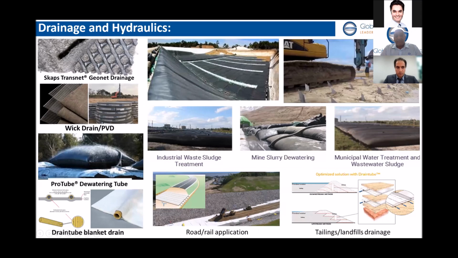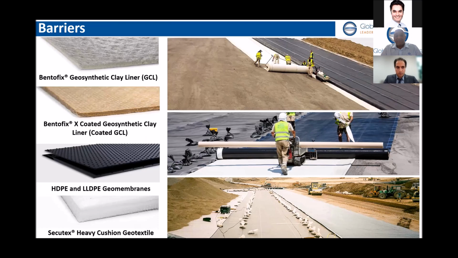In the drainage and hydraulic area, we have geonets, wick drains for accelerated consolidation, dewatering tubes, and drain tube blanket drains to replace the traditional drainage rock layers. In barriers, we have geosynthetic clay liners and geomembranes.